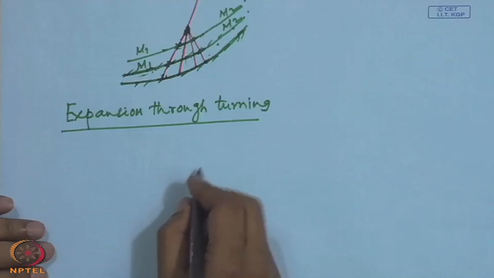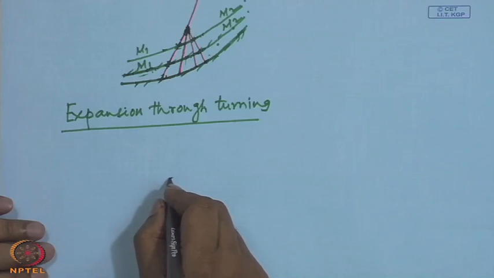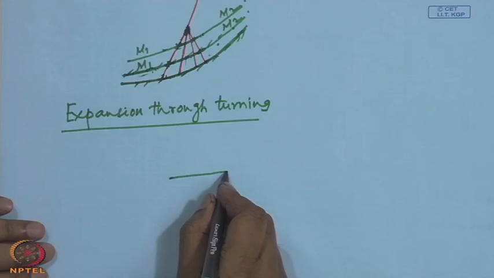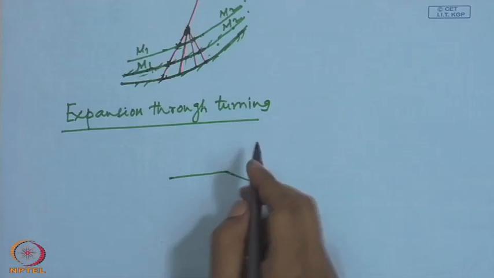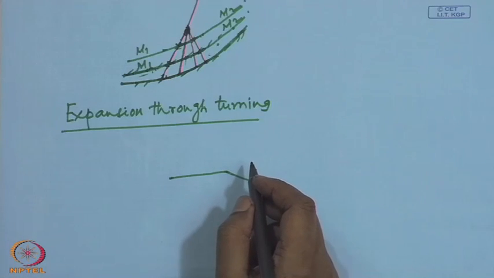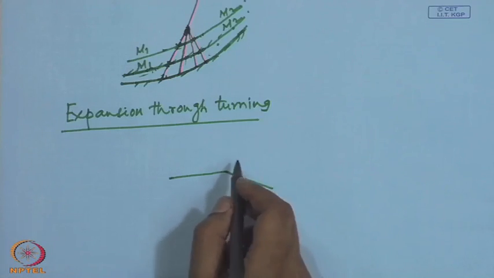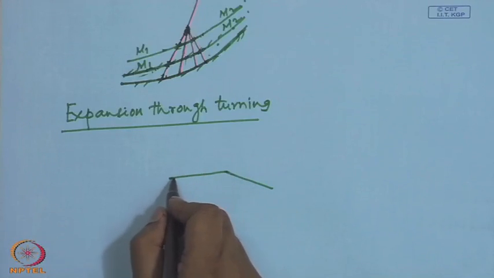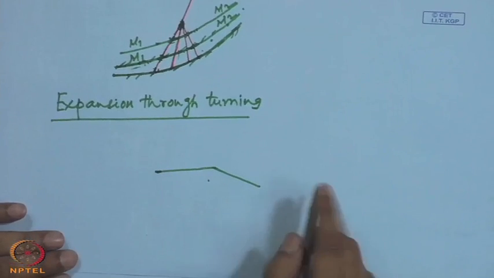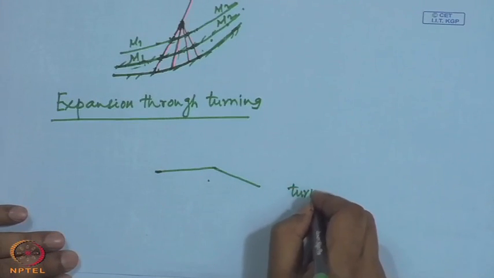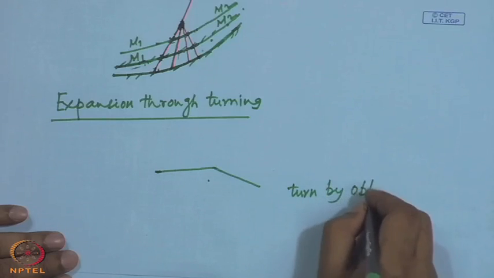This is obvious that if we have a corner like this, that is for a concave corner, then the flow will turn and it will expand. In this case, turn by an oblique shock is not possible.